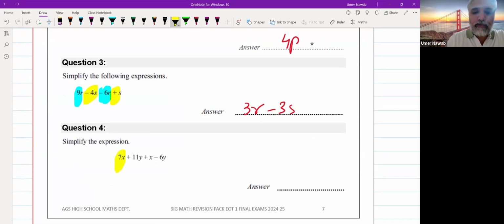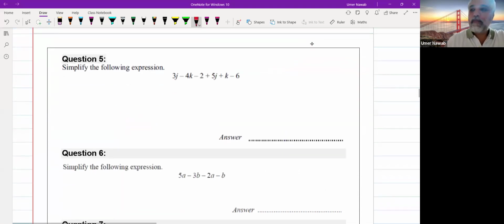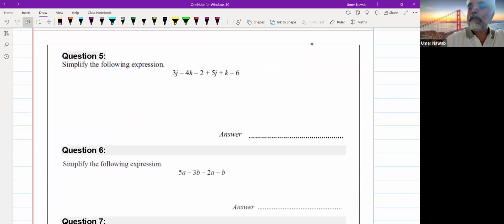Then 7x plus x will give you 8x, and 11y minus 6y will give you plus 5y. Keep moving in the same way, we will get 8j minus 3k minus 8. Check your answers, guys. 3j plus 5j, it is 8j.